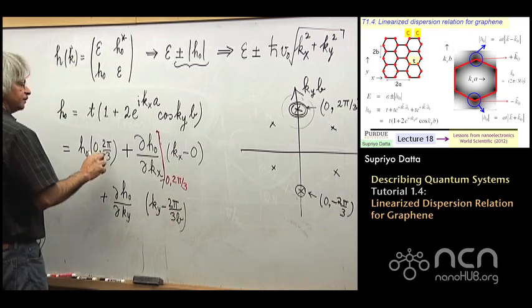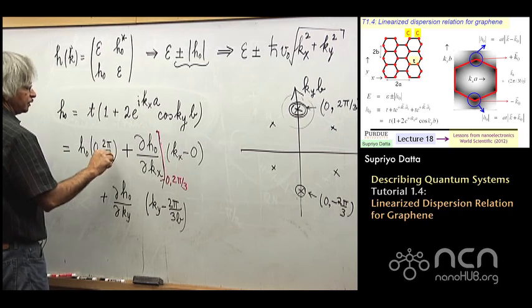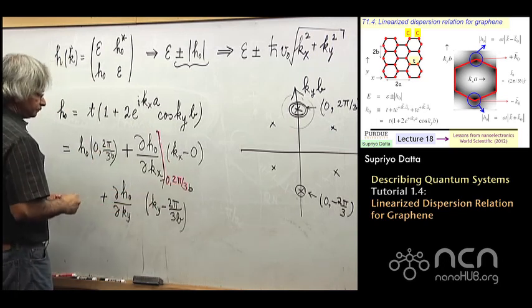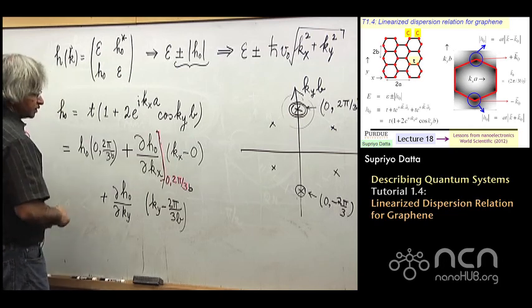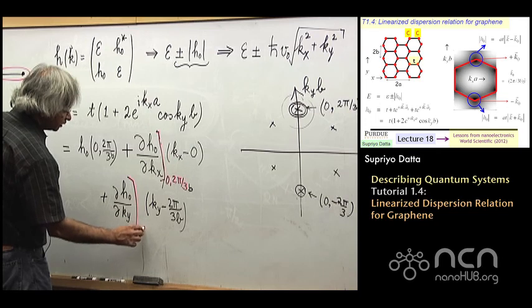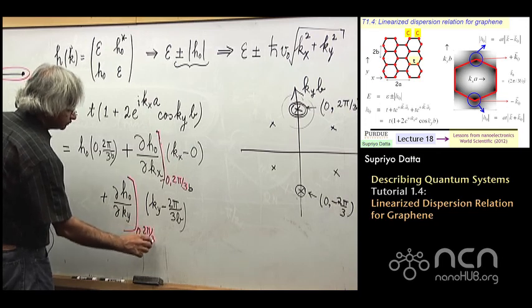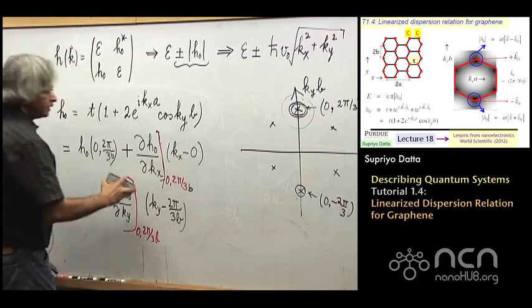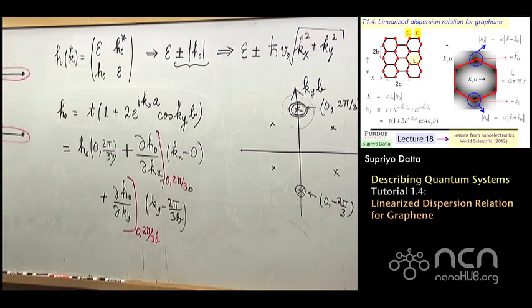Actually, this is the value for Kyb, so if I'm writing Ky, I should really put a b there. And this is the quantity that needs to be evaluated at 0, 2 pi over 3b. Okay, so this is what we want to evaluate.